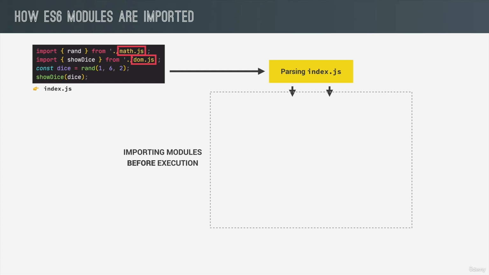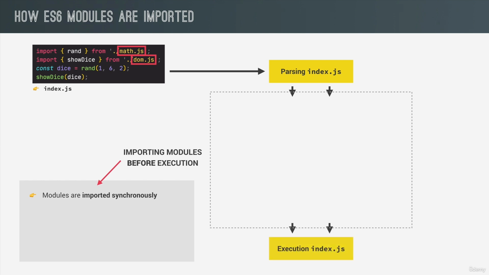Okay? So in this example, the index.js module imports the DOM and math modules in a synchronous way. What that means is that only after all imported modules have been downloaded and executed, the main index.js module will finally be executed as well. Now, this is only possible because of top-level imports and exports.